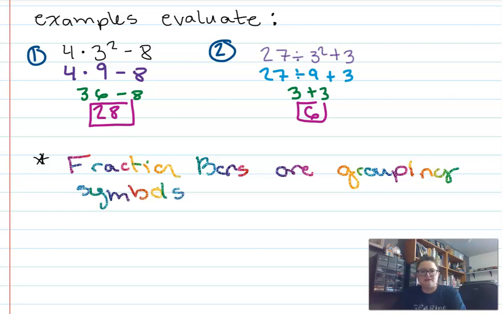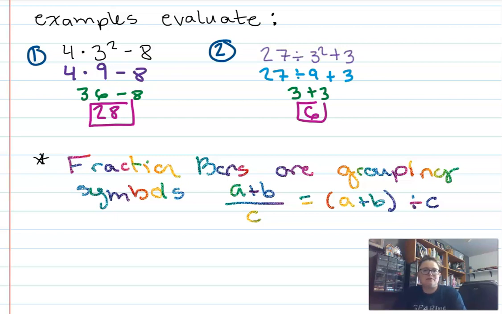So when you see something like A plus B over C, that's the same thing as parentheses around A plus B divided by C. You need to add this, then divide.